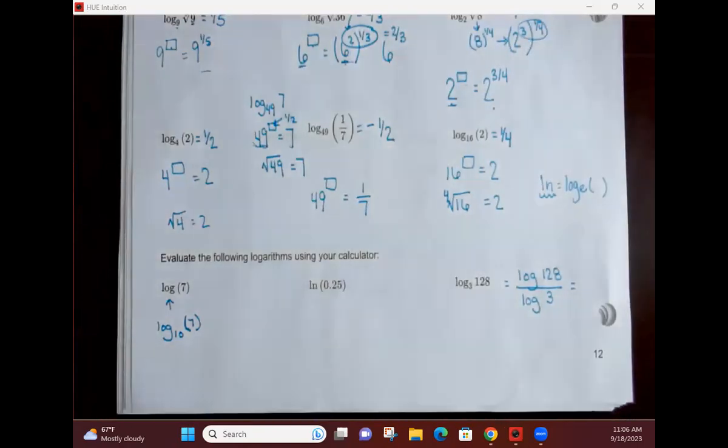So I would like you to try the problems at the bottom of page 12 in your calculator, whatever kind that you have. If you can't find your log button, please let me know and I will come help you. But I want you to try these on your calculator now, and then we'll check them together in just a minute, make sure everybody got the values that they should have.